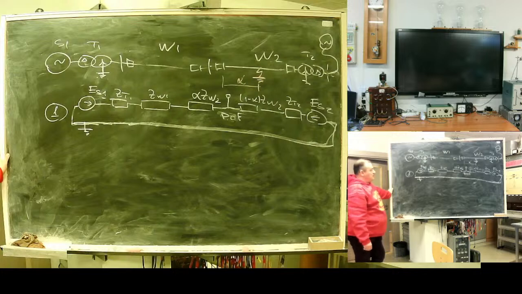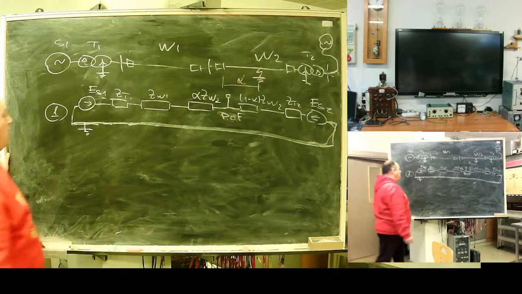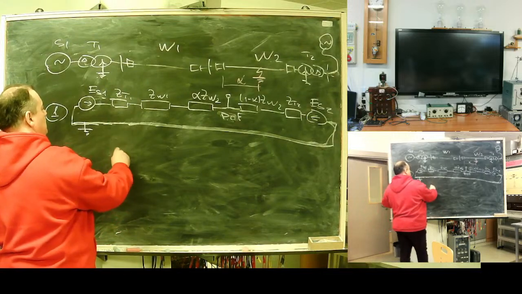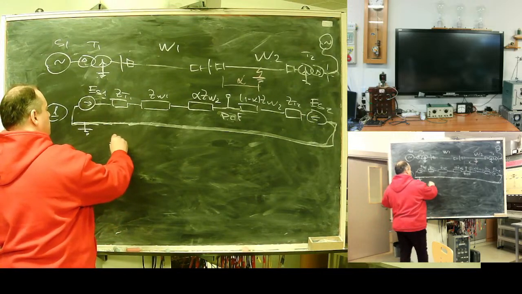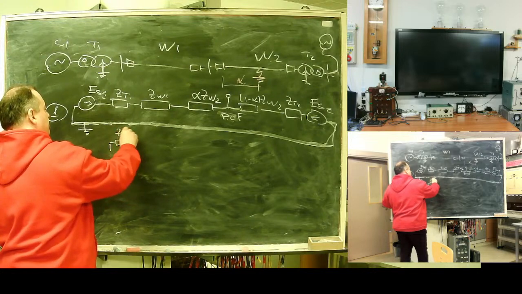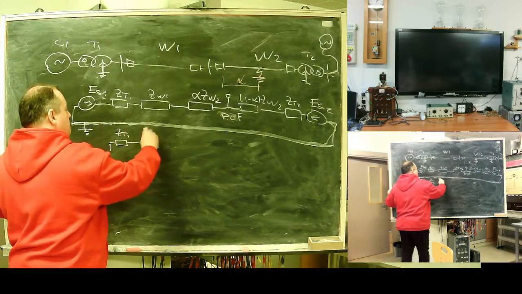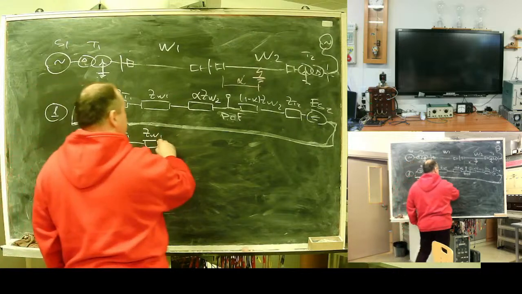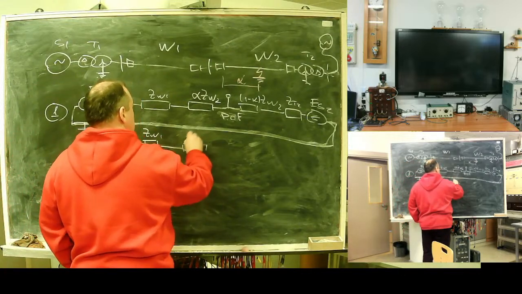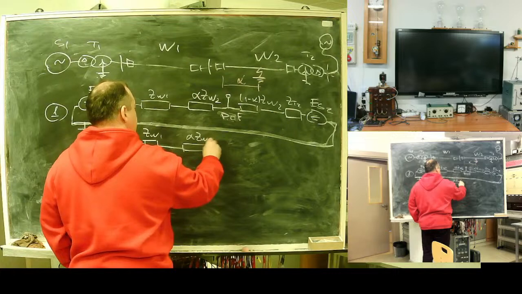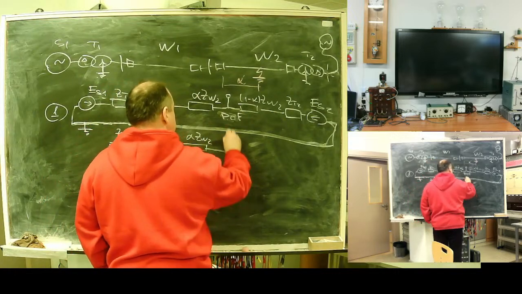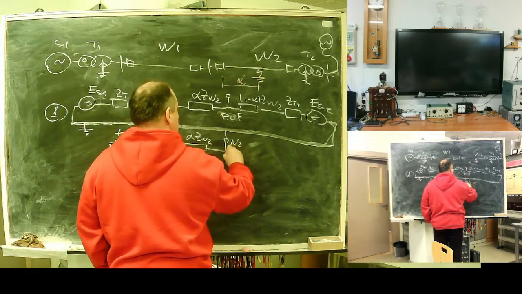It's an A phase of my network. I took one phase because it's symmetrical. For negative sequence, this will be the connection, it's N2.